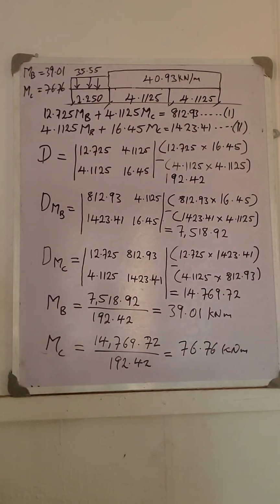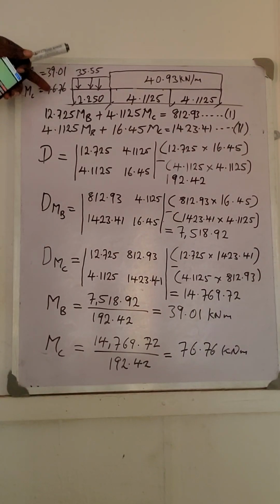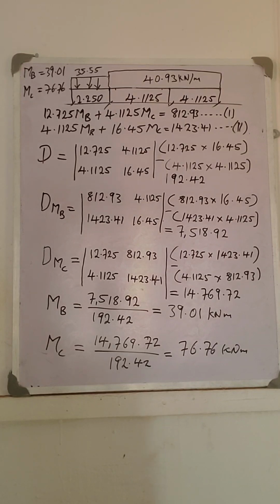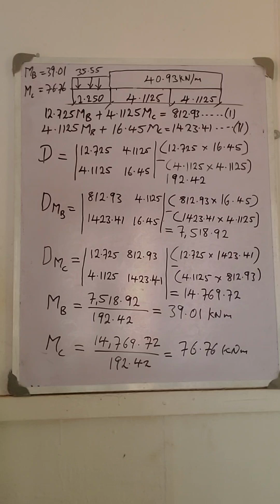I'm going to clean the board right now, because we are still going to make use of these values when we are computing the free span moments. Because of time, I will end here today. In our next class, we will continue from where we stopped.